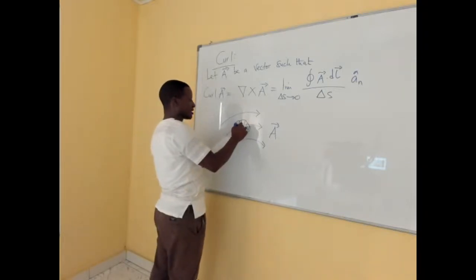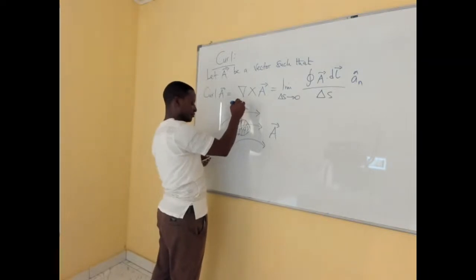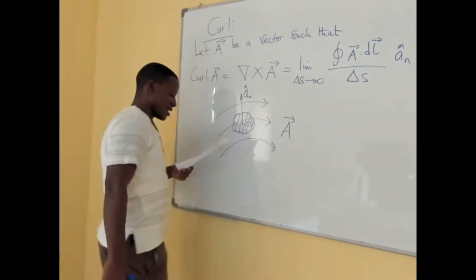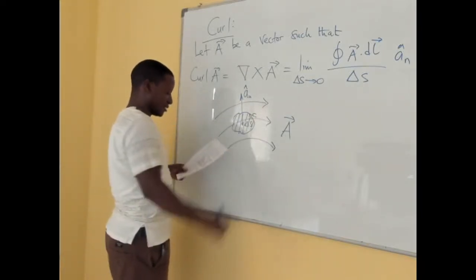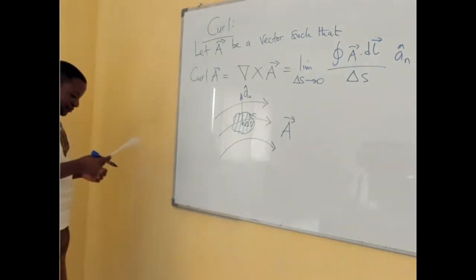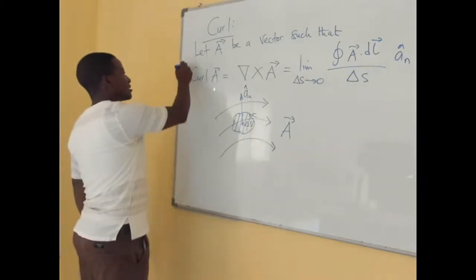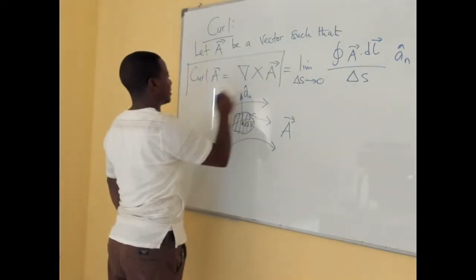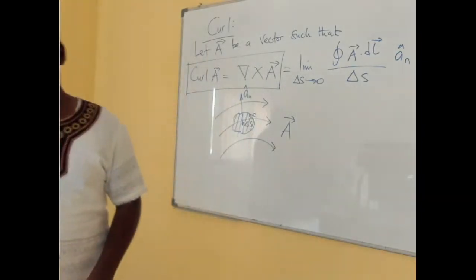That means this is your unit vector in this direction. So this is your path integral, which is your curl, in other words. Right, and then basically that is what you need to know. And this is the crucial part that you need to know about the curl. And that is done.